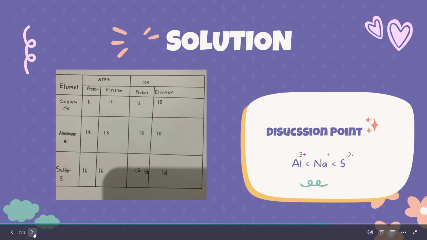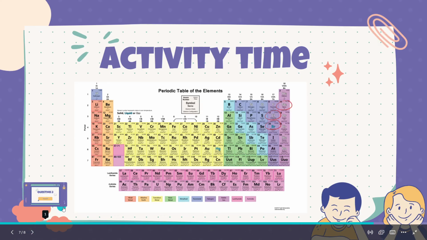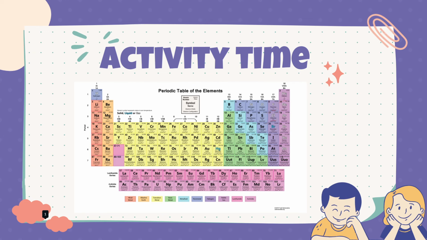So the next question is we have to compare between chlorine, bromine, and neon. This question is much easier because this is just an atom, it's not an ion. Okay, so we know that when we go to the left of the periodic table, the size will be increased. Why does it become like that?